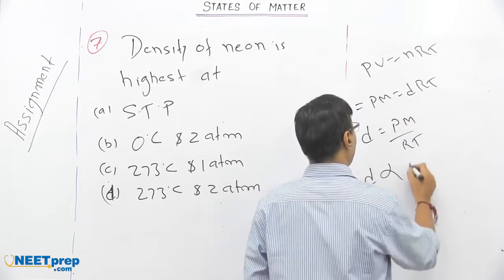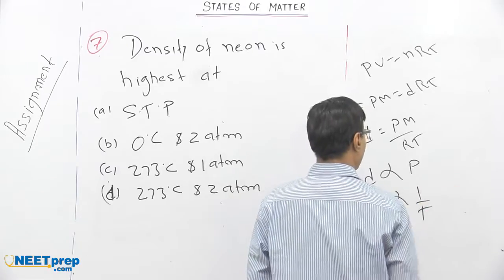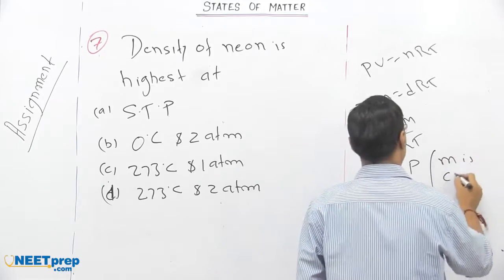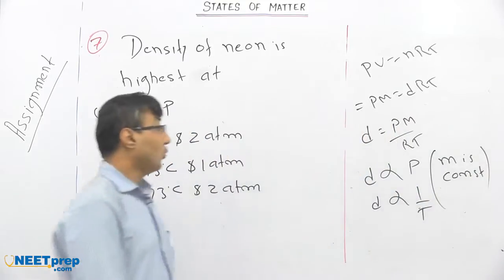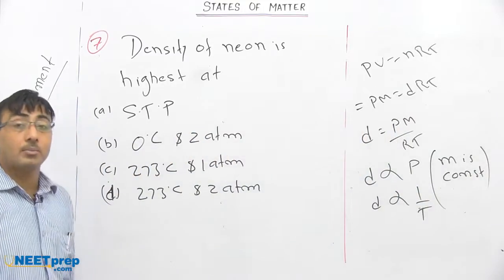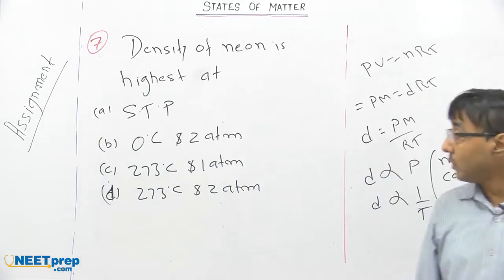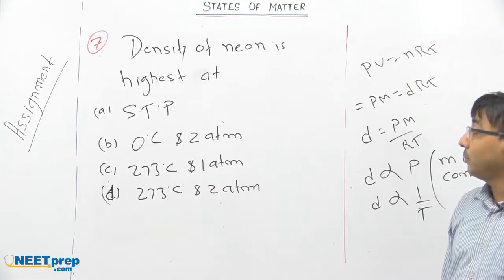So D is directly proportional to P and D is inversely proportional to T. M is constant because the gas is the same. So for higher density, pressure should be maximum and temperature should be minimum.